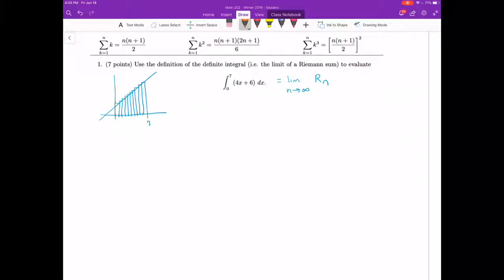We'll call the width of the subinterval delta x, and the output of the function f of x sub k.